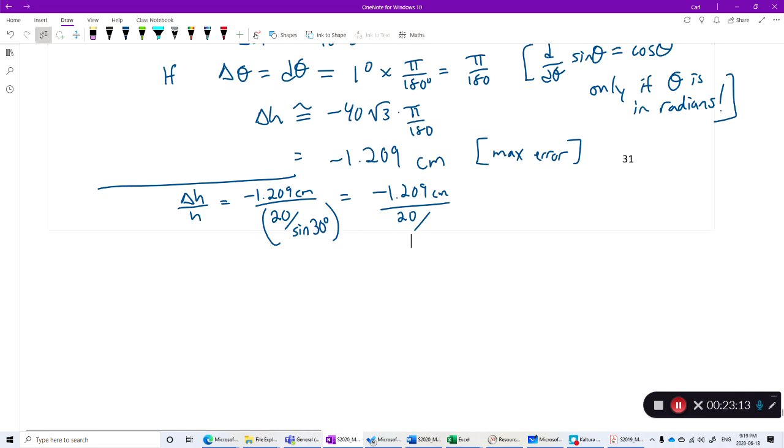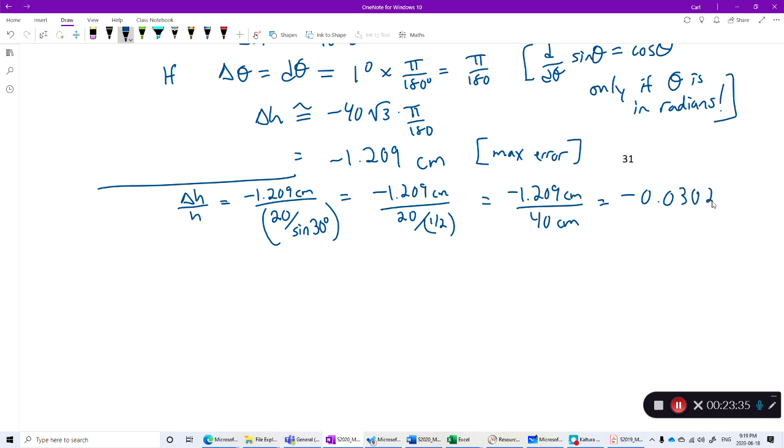It's half. So 20 divided by half is 40. So h is 40, and the relative error is negative 0.03022. That's true, and that's good.